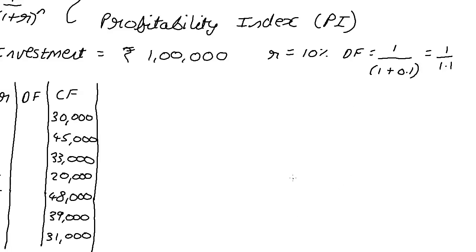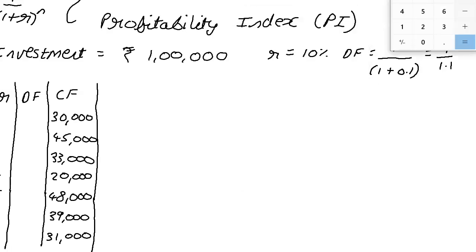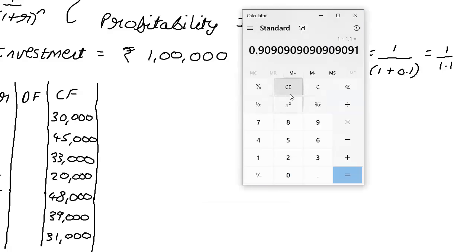If you do this on the calculator, you get 1 divided by 1.1, and when you press the equal to button you get 0.909090.